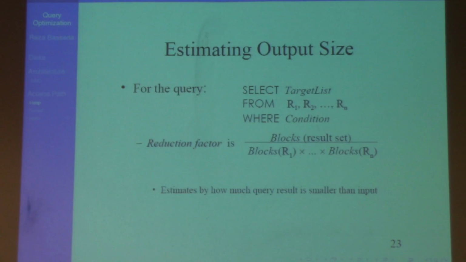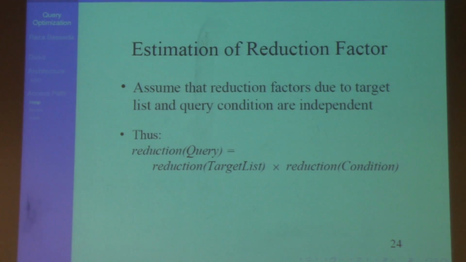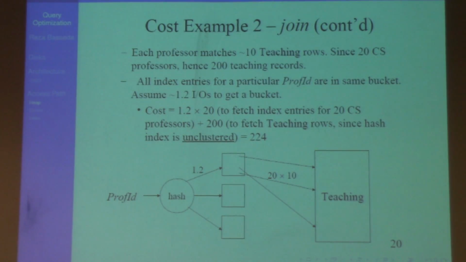For example, here we estimated the reduction factor using these parameters, but the reduction factor, in fact, if we have just one professor in the computer science department, the reduction factor will be this. Suppose that we have just one professor in the computer science department who taught in just 2 semesters. That means 2 semesters.